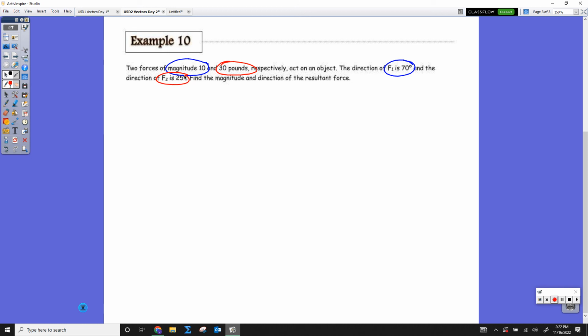Okay, so force 1: our magnitude is 10 times cosine of our angle, 70, and then 10 times sine of 70.